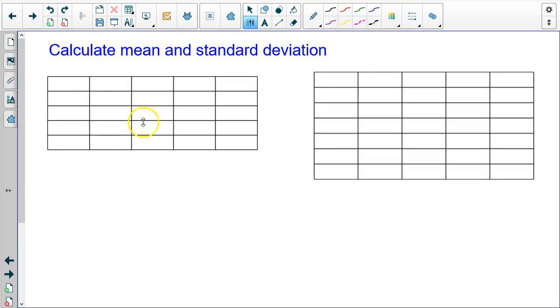And what I want to point out, leave yourself room. Don't write super huge, okay? So if this is x, then this is p of x, then this is x times p of x. Do you remember what came next?